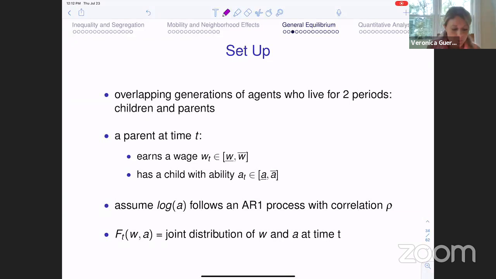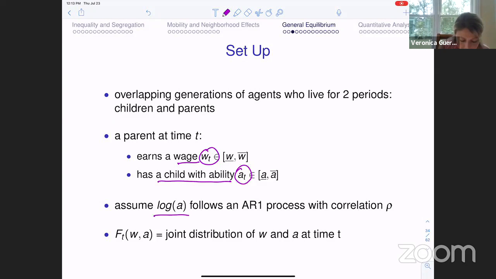So we have overlapping generations of agents who live for 2 periods, children and parents. When somebody is a parent, he or she has 2 important characteristics. One is a wage, w_t, and the other is that he or she has a child with ability A_t. So A_t is the innate ability of a child.